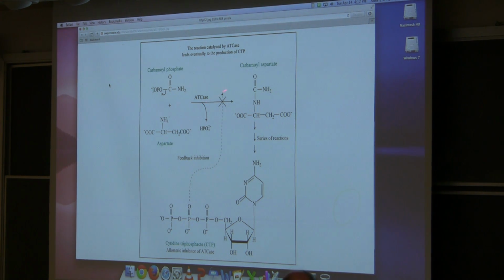Every reaction in this series of reactions is catalyzed by a specific enzyme, meaning that there are 10 enzymatic reactions that occur in going from here at the top down here to CTP at the bottom.